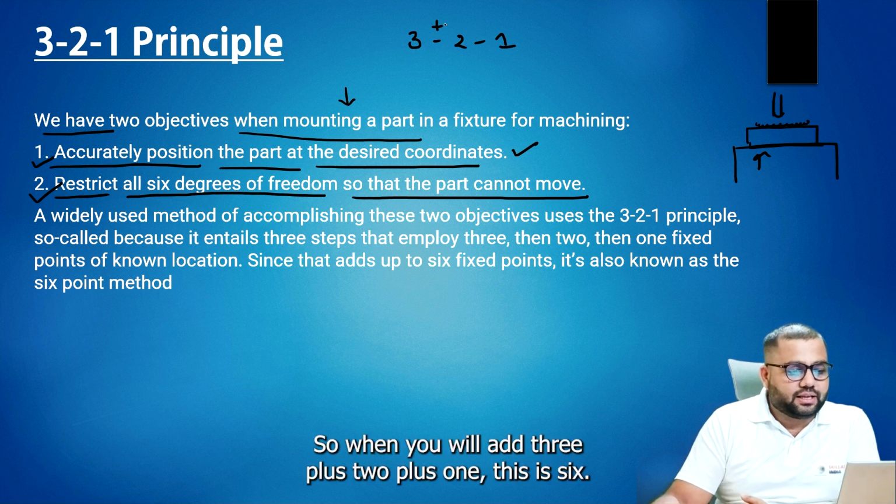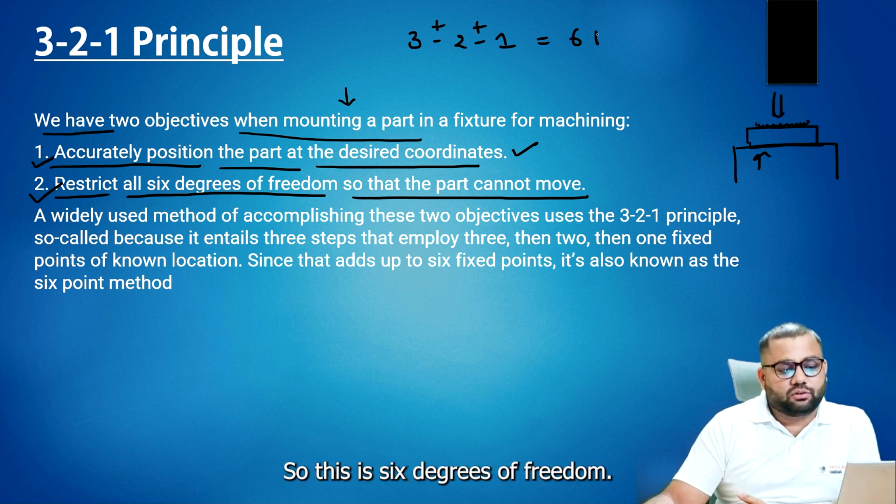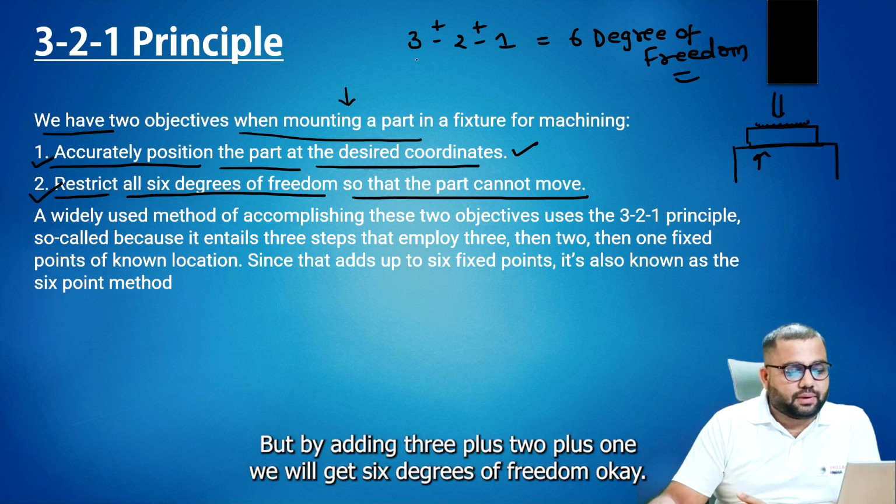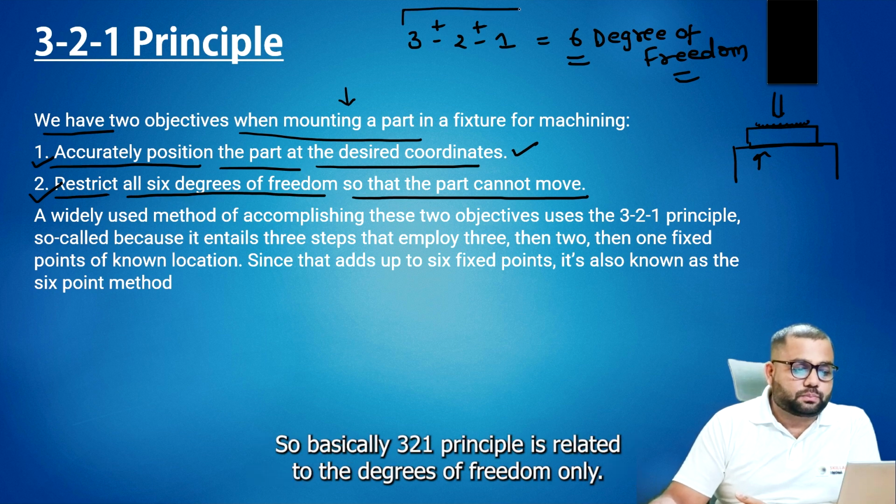When you add 3 plus 2 plus 1, this is 6, so this is 6 degrees of freedom. Basically, the 3-2-1 principle is related to the degrees of freedom only.